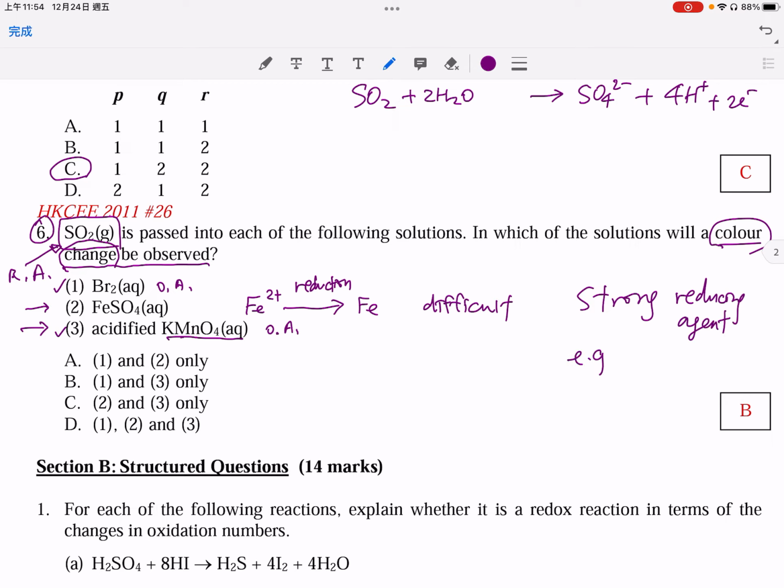For example, a reactive metal like magnesium, zinc, and so on. Sulfur dioxide is not that strong to reduce Fe2+ to Fe. Therefore, there should be no color change when they are mixed together. So the answer is B.